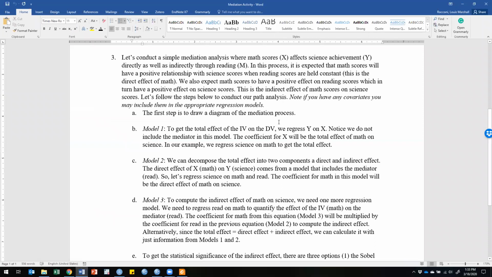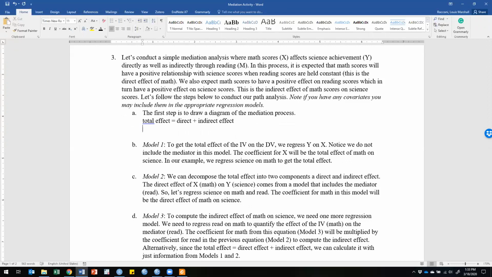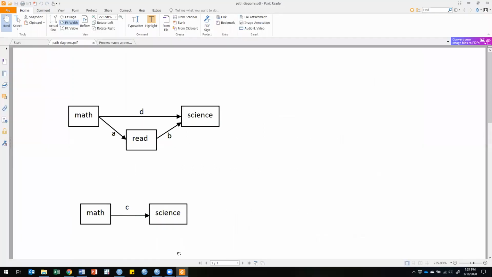So we could say the total effect equals the direct effect plus the indirect effect. In our case, our total effect was C, direct effect was D, and the indirect effect was A times B. That's how I have them diagrammed in this model here.